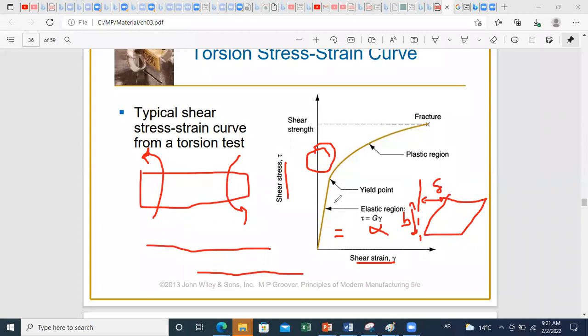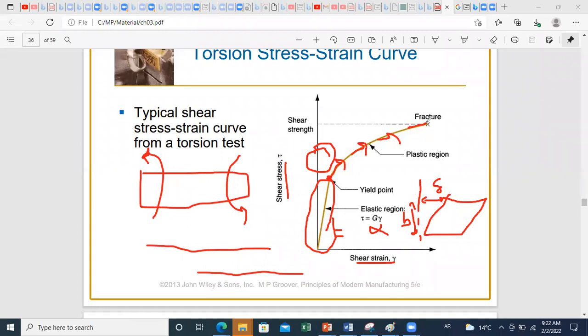We can also detect an elastic region where the variation of shear stress with respect to shear strain is linear. You can also detect a yield point, which is a transition point between elastic and plastic. Now, in the plastic region, because when we move from elastic to plastic it will be easier to deform, you will observe a decrease in the slope of increase of the shear stress with respect to the shear strain until fracture.